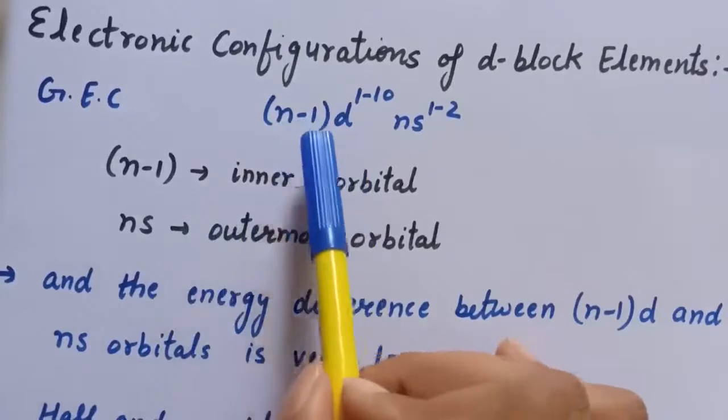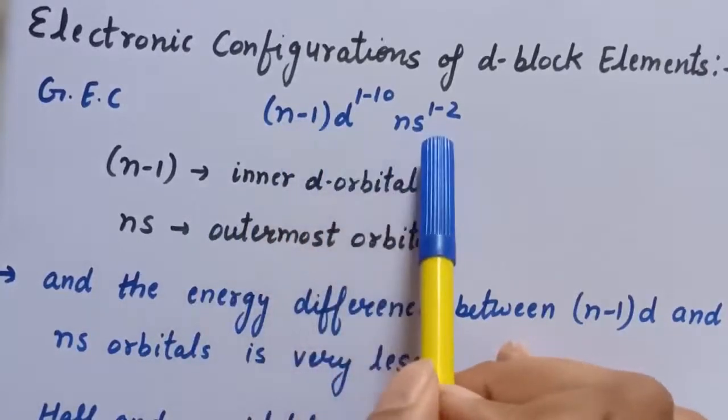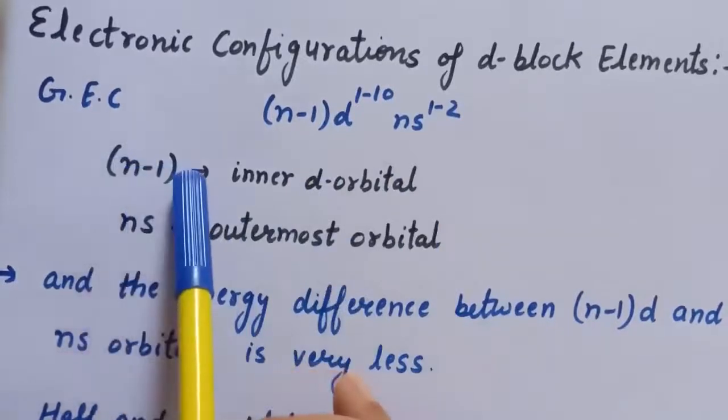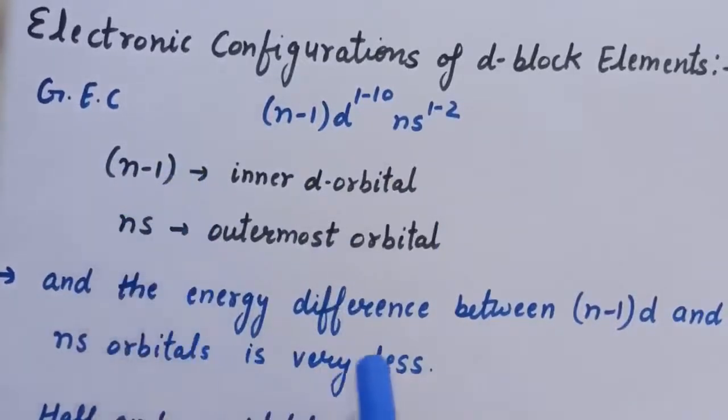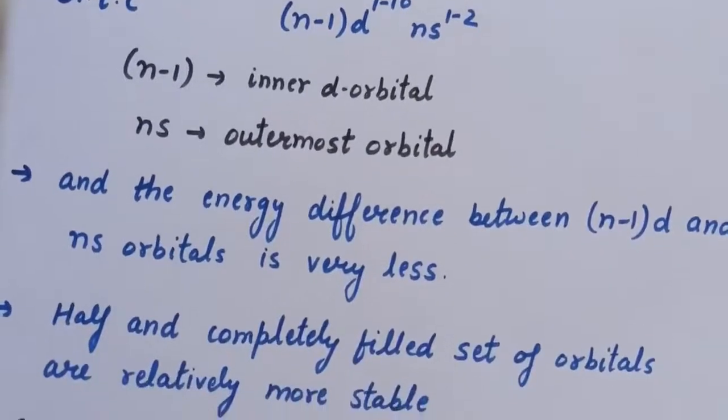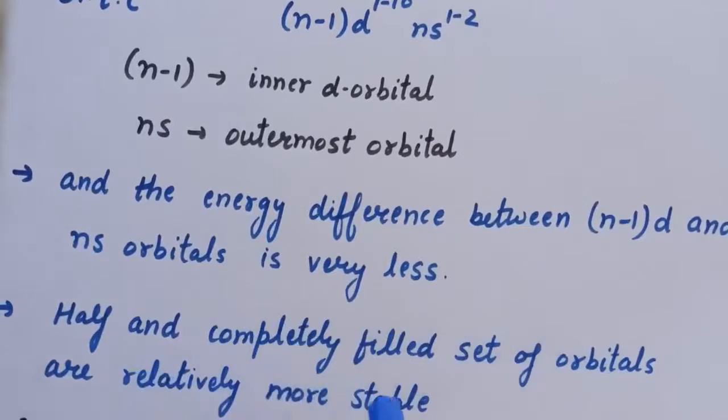So this is the electronic configuration for d block elements, and the energy difference between (n-1)d and ns is very less.